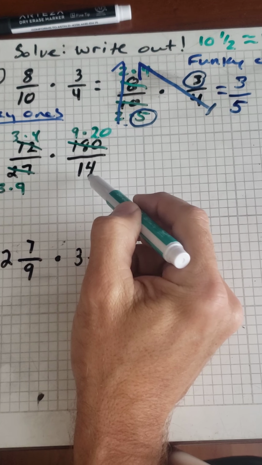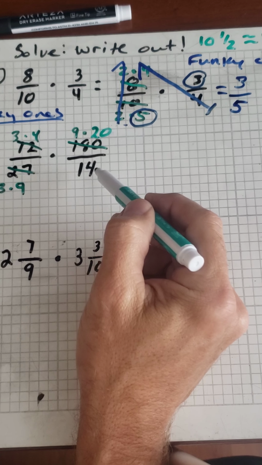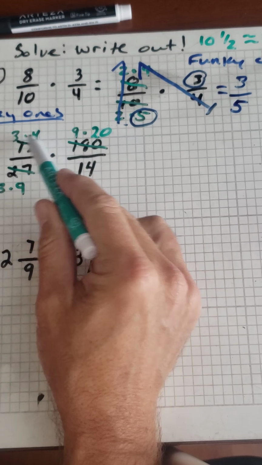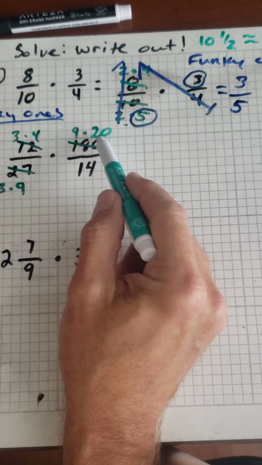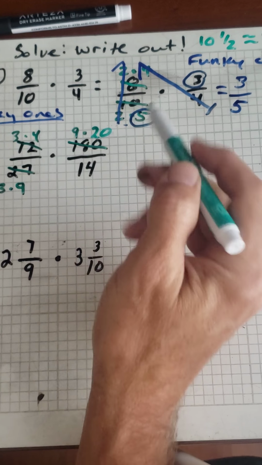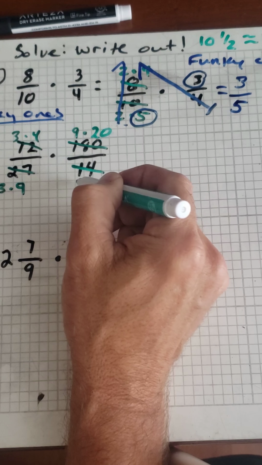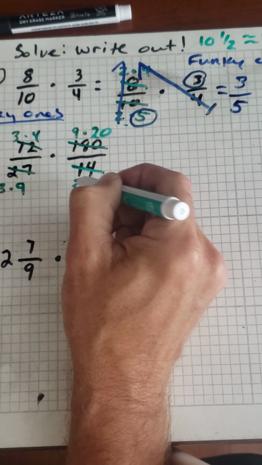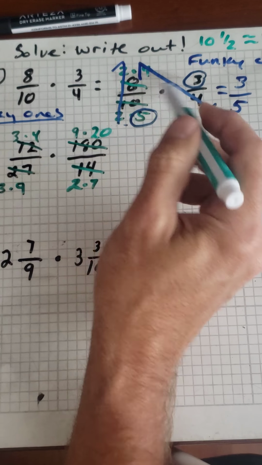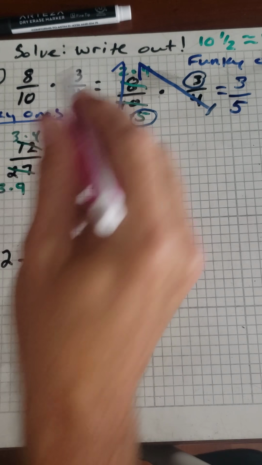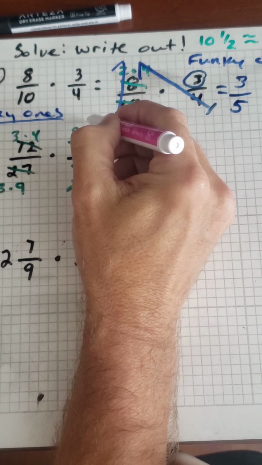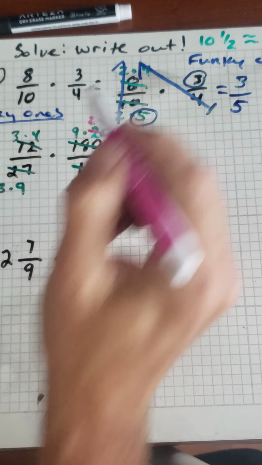And then here I go, okay, 14, well, I don't know much about 14 except for 2 and 7. I don't have any 2s or 7s up there, but I notice I have a 20 here that has a 2 in it. So I wonder if I could do that. Sure enough, I can break this into 2 times 7. And then this 20 here, I'm going to make a little easier, it's going to be 2 times 10.